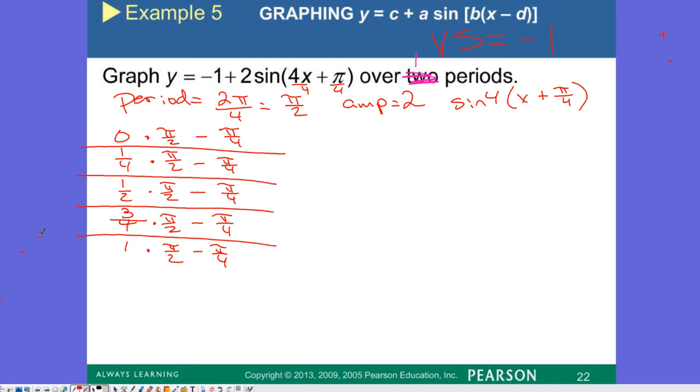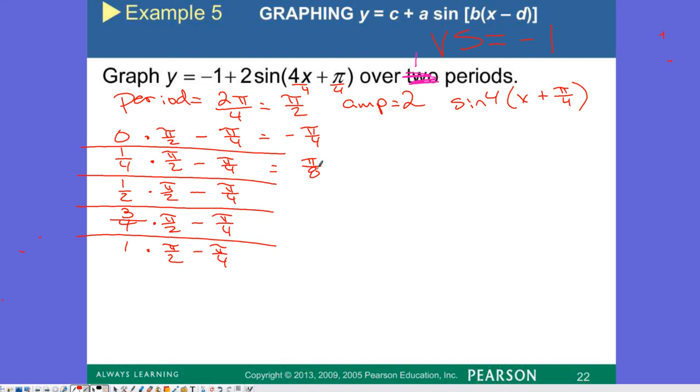Okay, so now it's time to do the math. So 0 times pi over 2 is 0. So this is negative pi over 4. Very good. Then a quarter times pi over 2 is pi over 8, right?